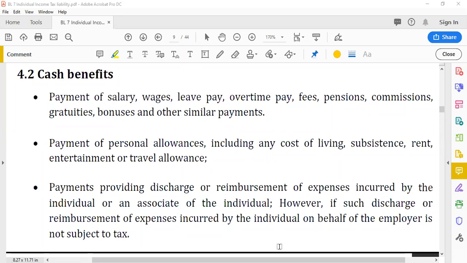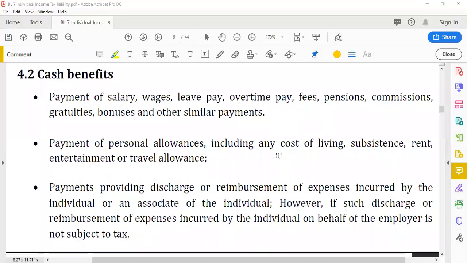And gratuity: when you leave office after 5 years of service, you are entitled to get gratuity. So how many years should a person work at least to get gratuity? How many years minimum?